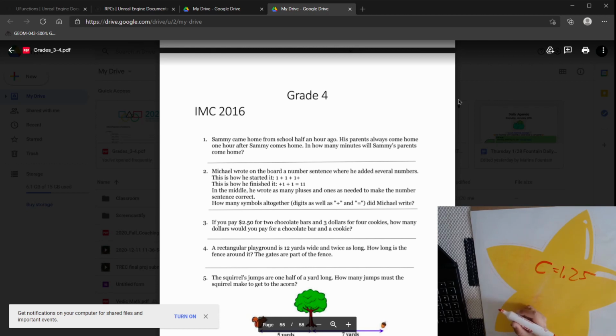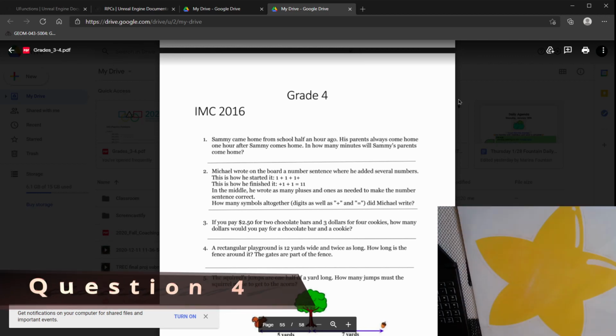Wait, is it a cookie? Yeah, that's a cookie. So I'm going to make this an H. Chocolate bar. And then so a cookie equals 0.75. Okay, so now when you add these, you get $2.